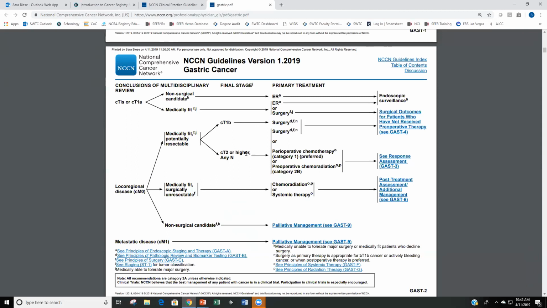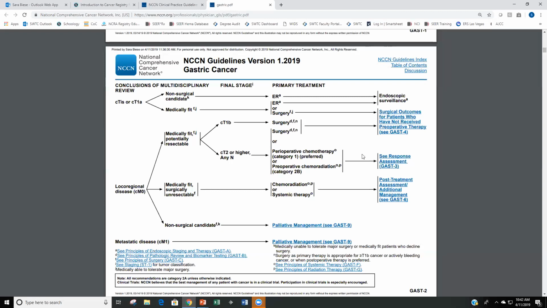T2 or higher, with or without positive lymph nodes, could either have surgery or perioperative chemotherapy, which I have not seen in my experience, but I'm sure the bigger institutions probably do offer that, or preoperative chemoradiation.